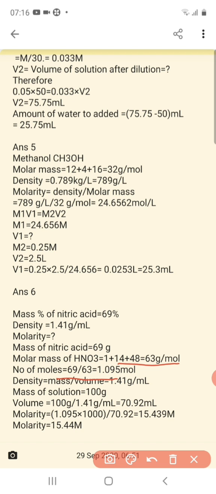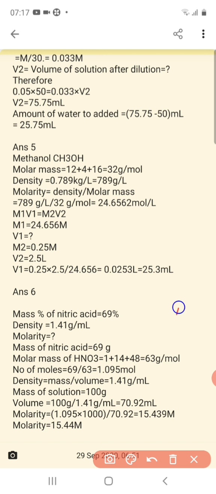Mass of nitric acid is 69 gram and molar mass is 63. Given mass divided by molar mass gives the number of moles, that is 1.095 moles of nitric acid present in 100 gram of 69% nitric acid solution.